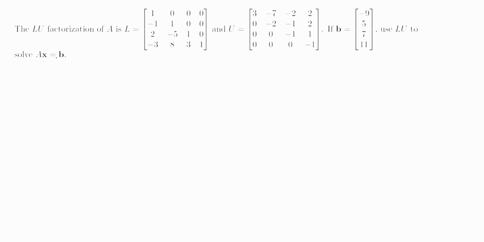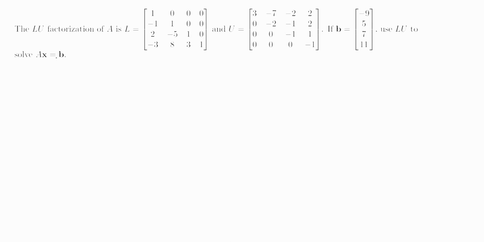The idea here is that if we start off with AX equals B, and we have our LU factorization, well, then we can just replace A with LU. X stays X, B stays B.